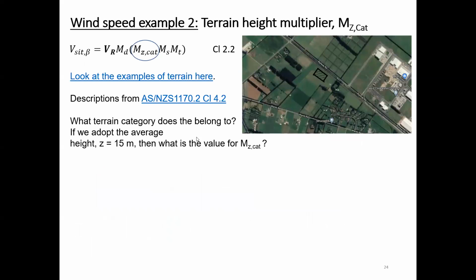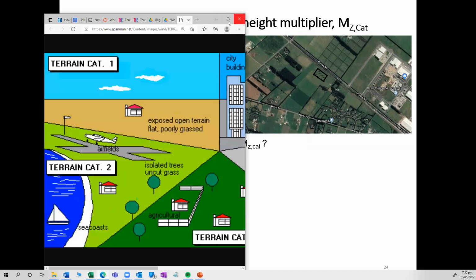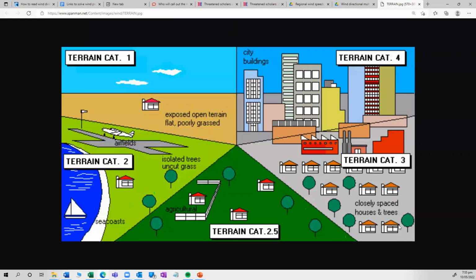Now for your MZcat, here's the picture again. I've given you the picture and the links. So I want you to get MZcat, adopting an average height of 15 meters. So give that a go. Look at the examples of terrain here. What do you think we've got? I'd say 2.5.